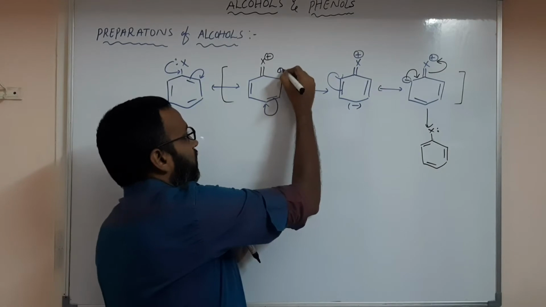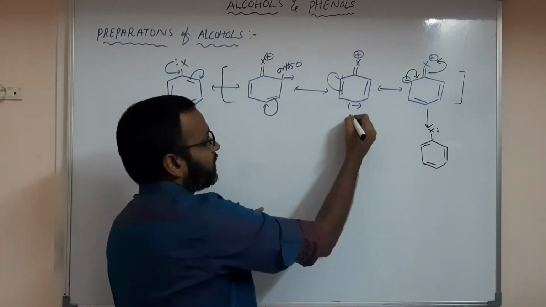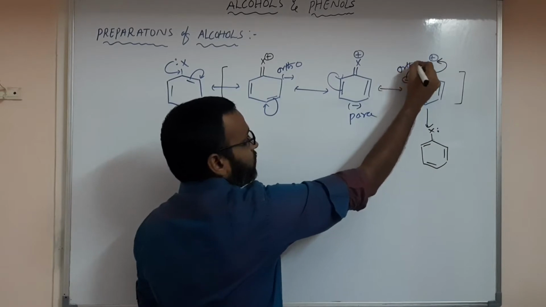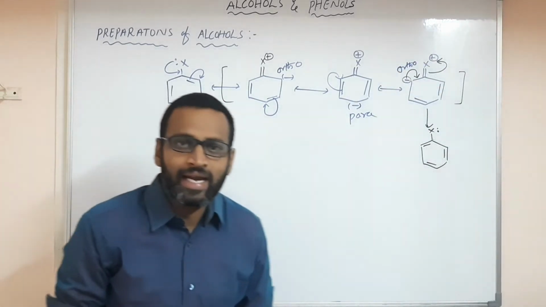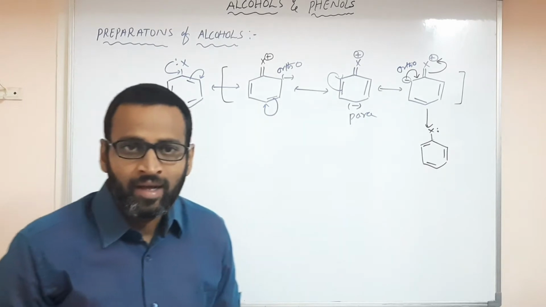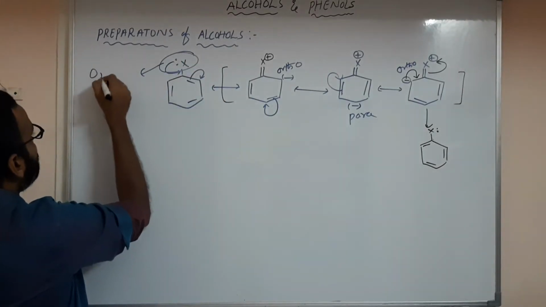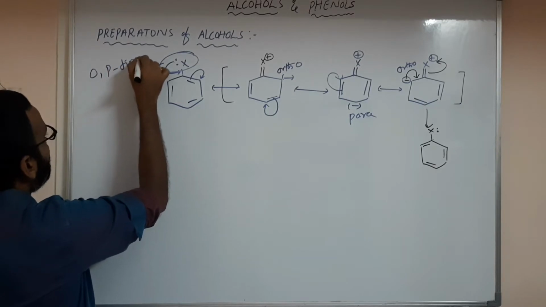This is ortho, this is para, and again this is ortho. So you have negative charge at ortho and para positions because this X group is an ortho para directing group.